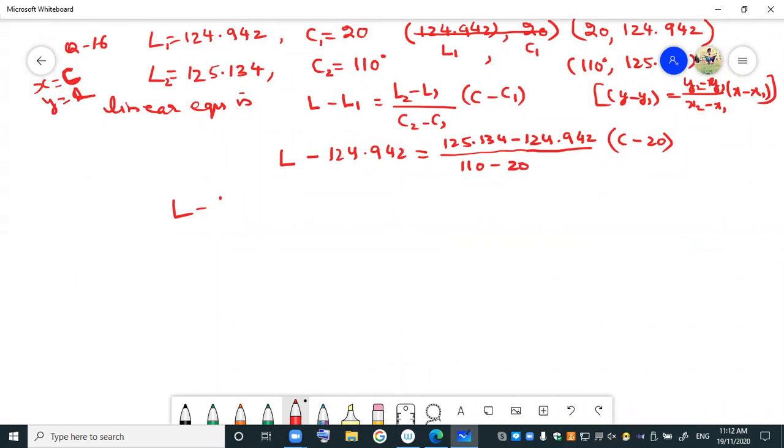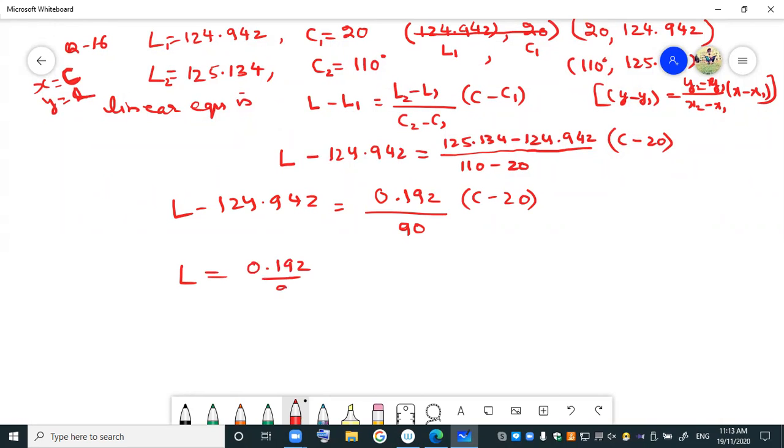L minus 124.942 is equal to this. When you subtract, the answer is 0.192, and 110 minus 20 is 90, into C minus 20. Bringing this to the right side, L is equal to 0.192 upon 90 into (C minus 20) plus 124.942.